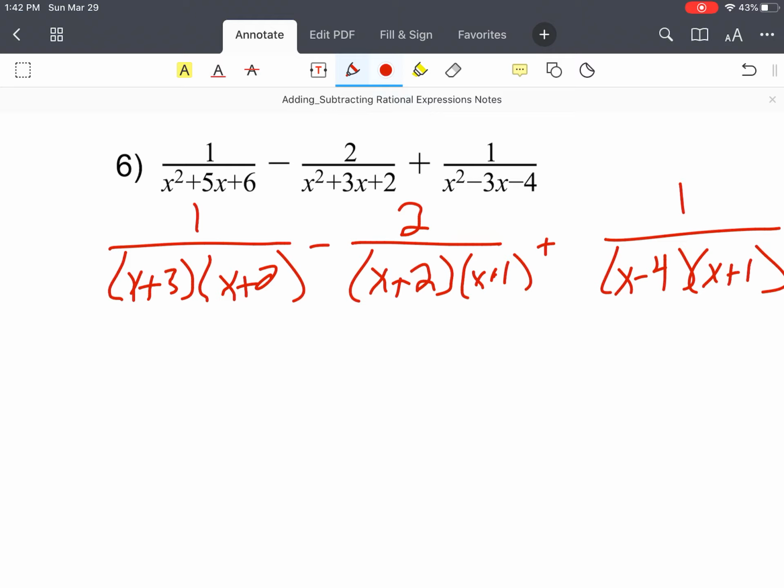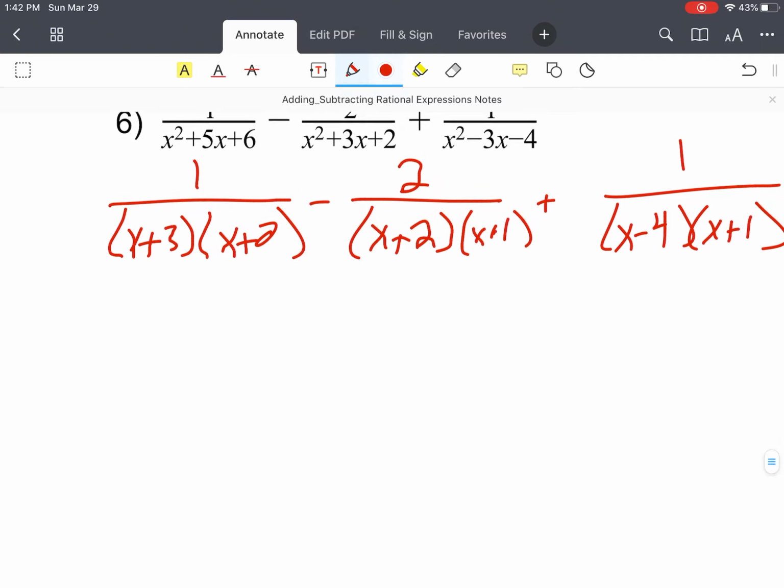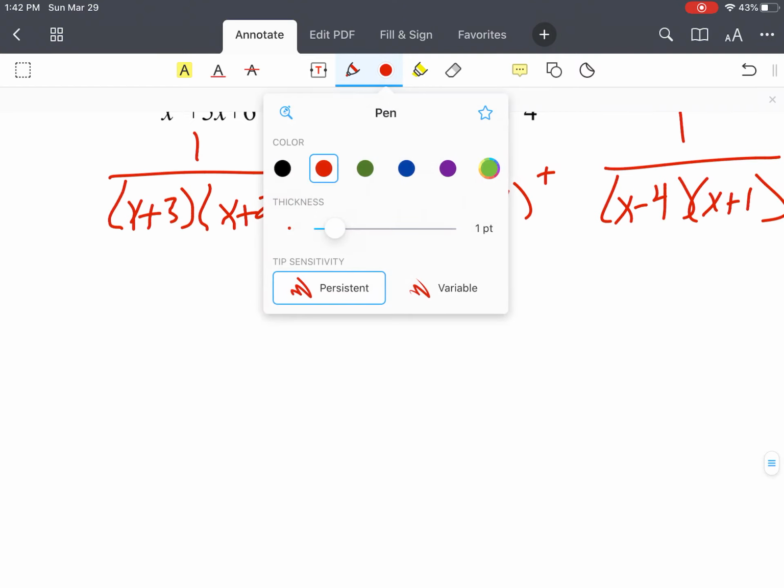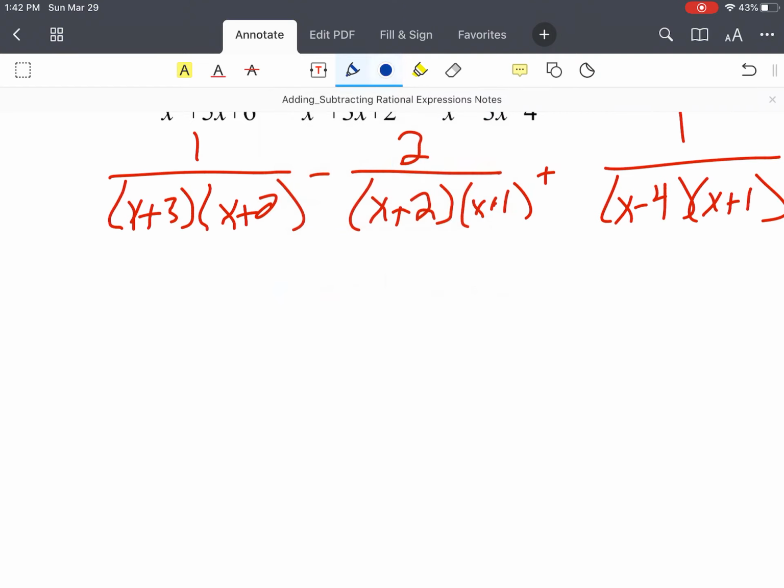We have an x plus 3, x plus 2, x plus 1, and an x minus 4. So our big old common denominator is going to have 4 different sets of parentheses. How fun. Let's get straight into it.